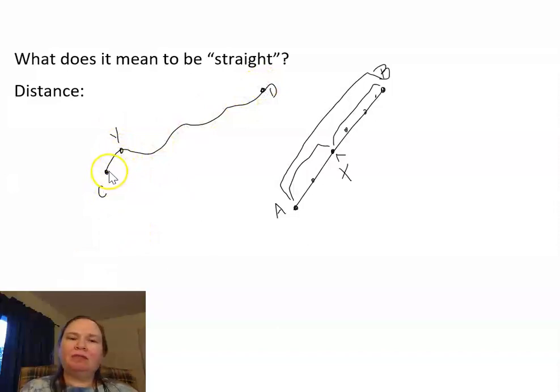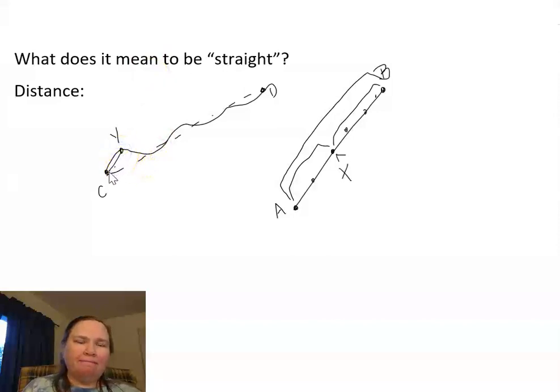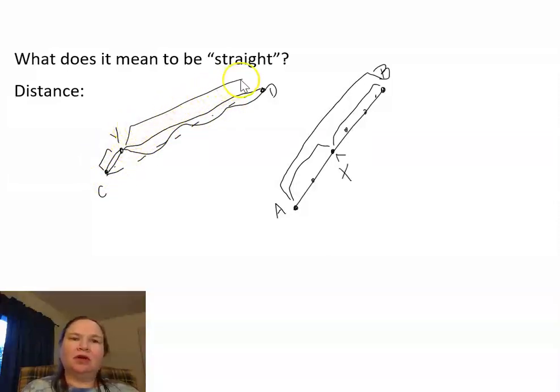And now, if I measure how far from C to D, I'm not very good at drawing straight lines here, so think of that as being straight, versus if I go by way of point Y, from C to Y, and then from Y over to D, if Y is not on this straightest path, then the distance from C to Y plus the distance from Y to D should be a little longer than if I measure from C to D.